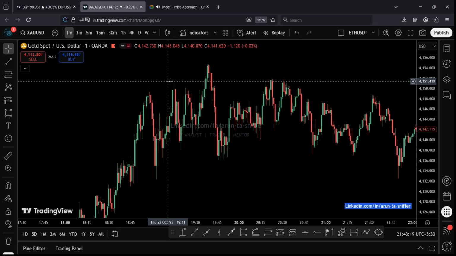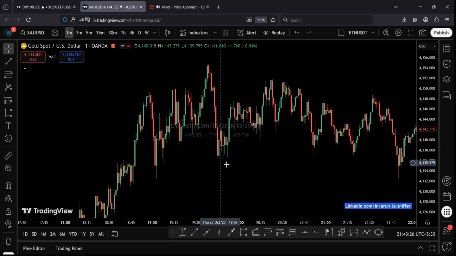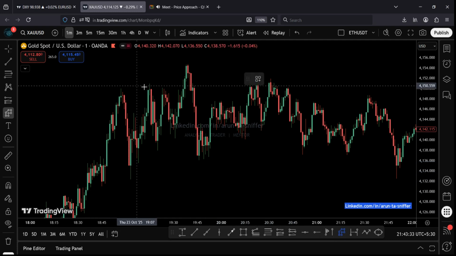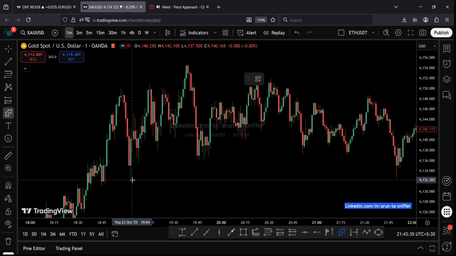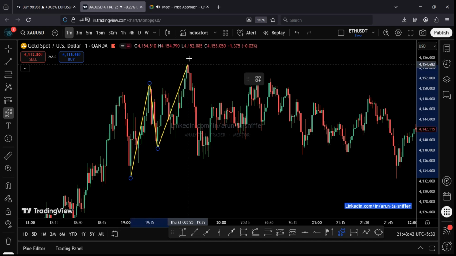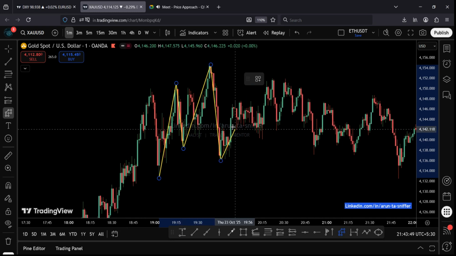This is high, low, higher high, lower low, right? So what happened here, this is our high, price goes up from here, makes a high, makes a low, makes higher high, makes lower low, okay, and then goes back up again in the form of Cancan.